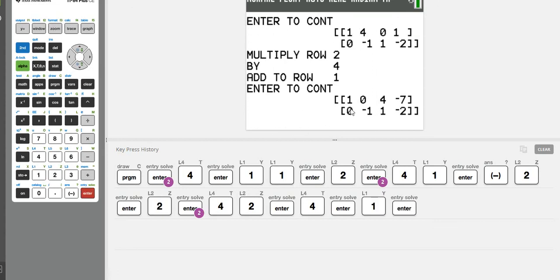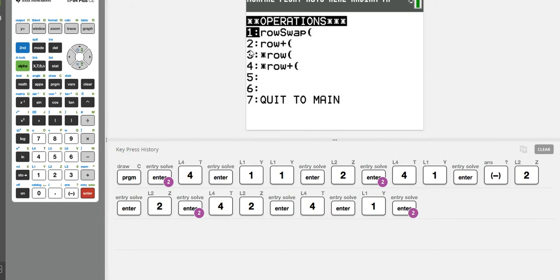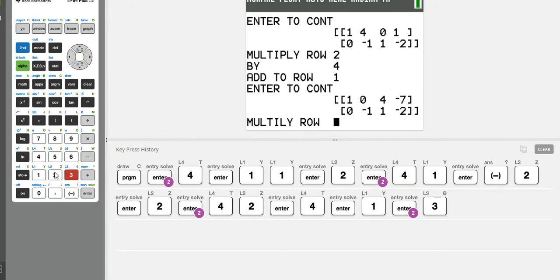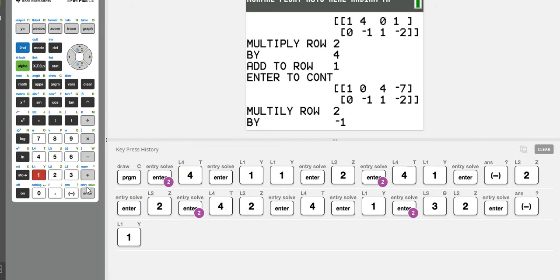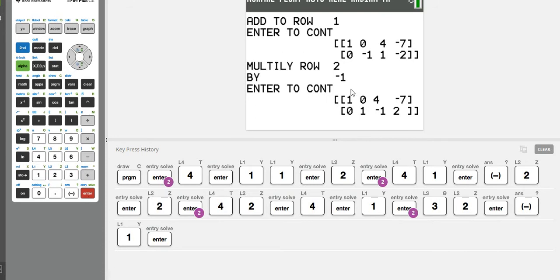The last step is to multiply row 2 by -1. So in that case, all I need is this third option, multiply row. So 3, multiply row 2 by -1. The identity matrix is on the left-hand side. The right-hand side is our inverse.